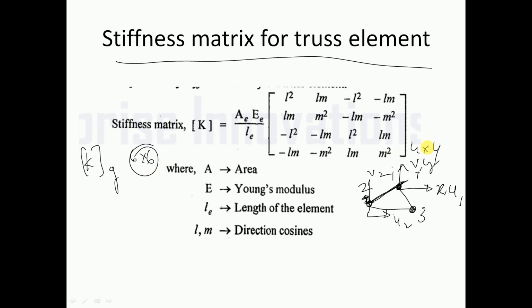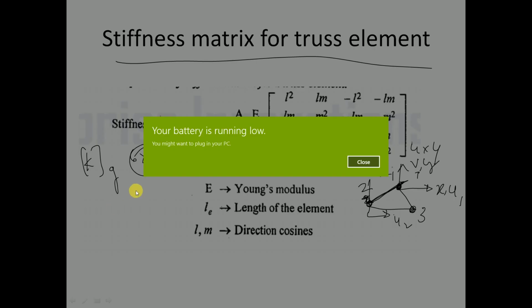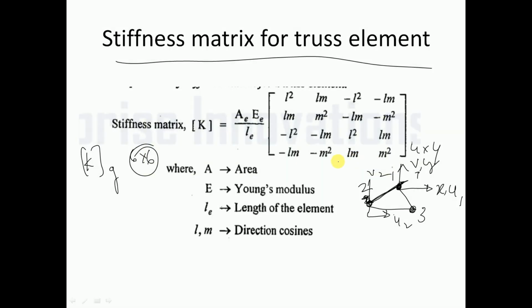If 3 nodes are there, then you will get the 6 by 6 global stiffness matrix. Similarly, the diagonal elements are relatively larger as compared to the off diagonal elements. Similarly, the determinant of this stiffness matrix should be 0.